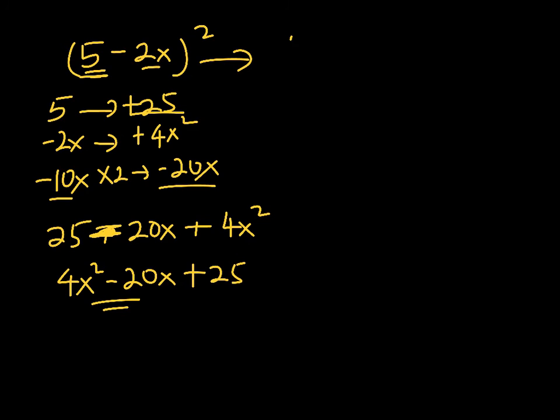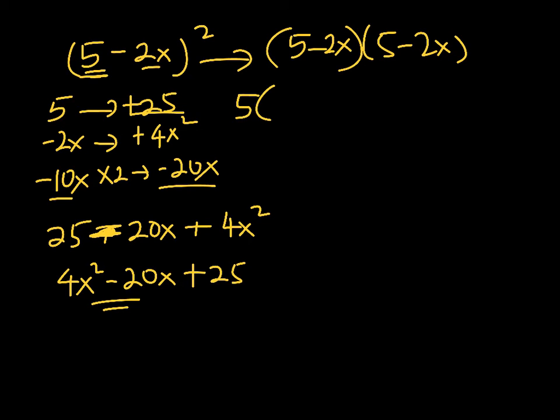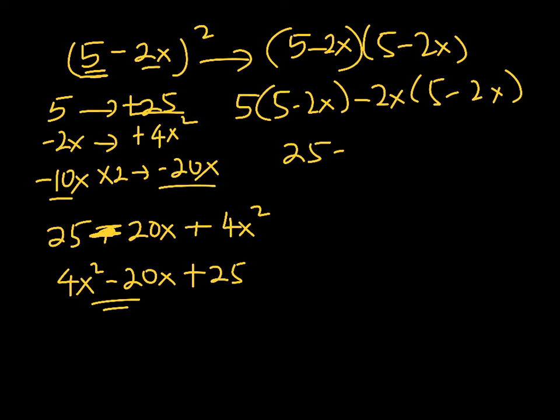Now let's expand it the long way and see whether we arrive at the same answer. So this is 5 minus 2x into 5 minus 2x. So 5 into 5 minus 2x, minus 2x into 5 minus 2x. 5 times 5 is 25. 5 times negative 2x is negative 10x. Negative 2x times 5 is negative 10x. Negative 2x times negative 2x gives us positive 4x squared.